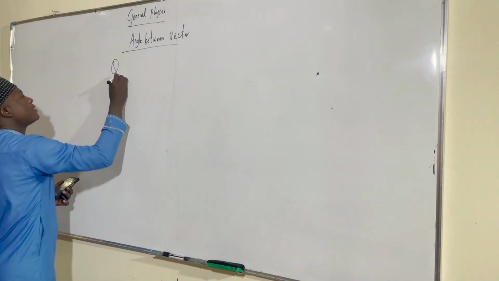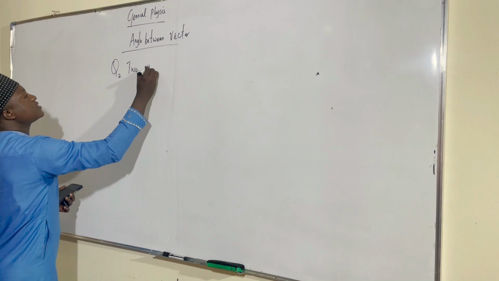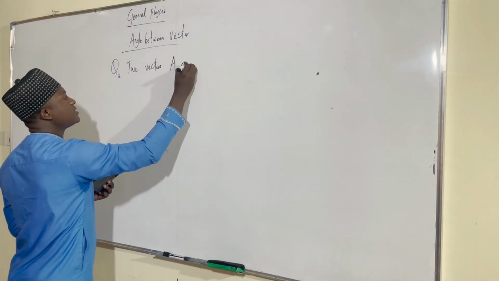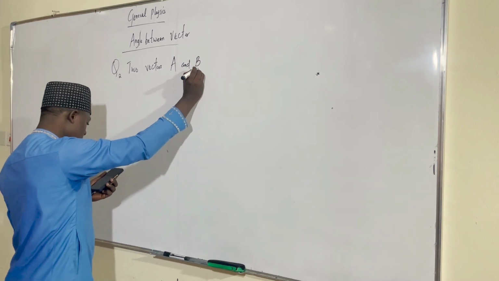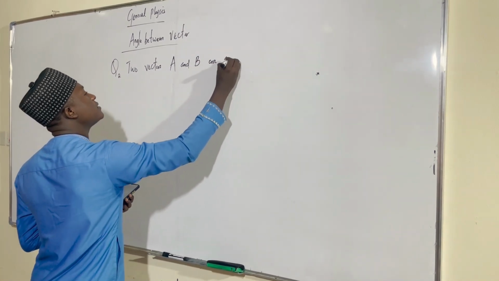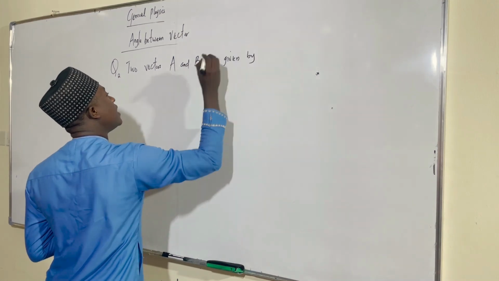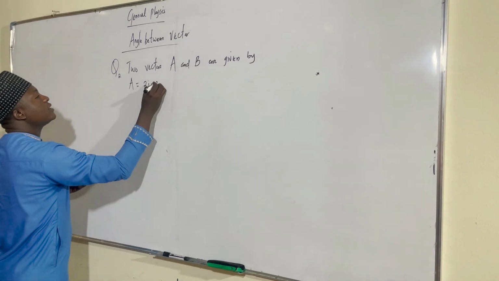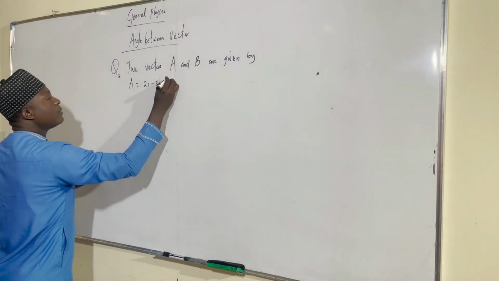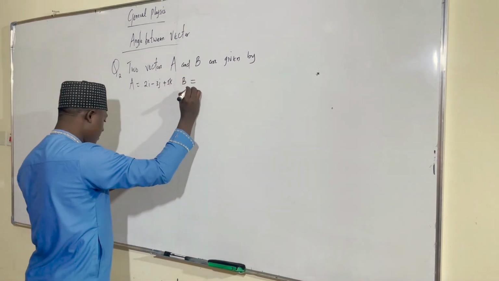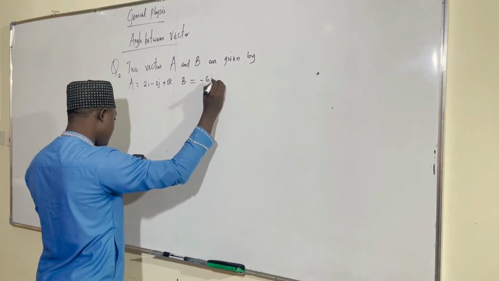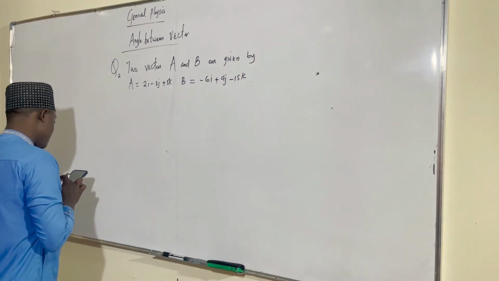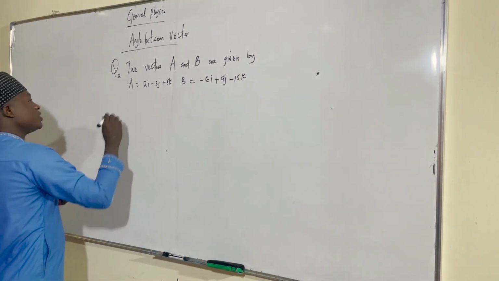Question 2: two vectors A and B are given by A equal to 2i minus 3j plus 5k, and vector B is given by minus 6i plus 9j minus 15k. They now said, find the angle between A and B.